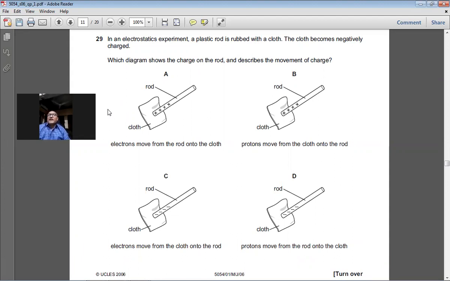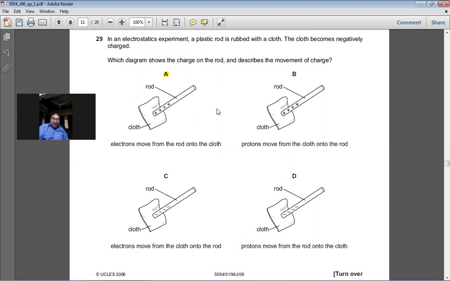So where the rod has become positive. He says electrons move from the rod onto the cloth. That is true. So A can be the answer, sir. You see why I'm taking A as the answer: because when you rub the rod with the cloth, the cloth becomes negative.